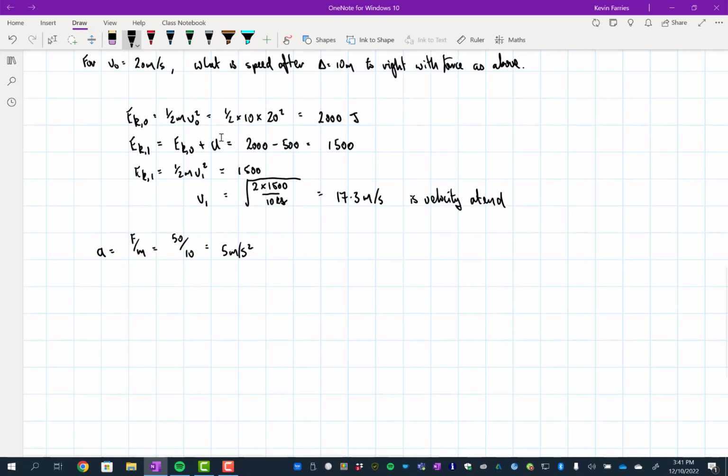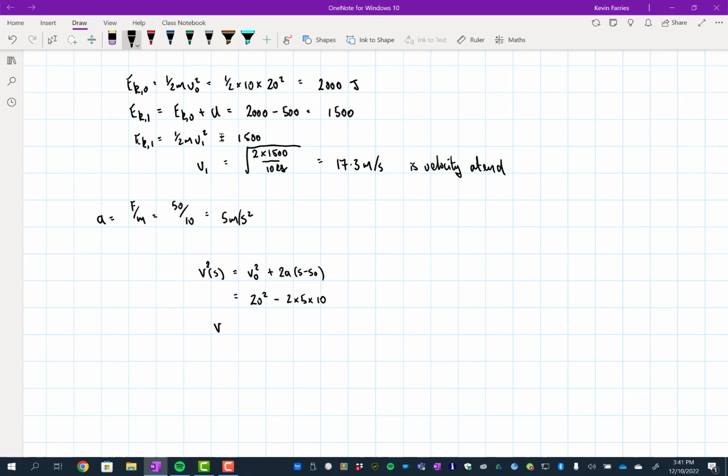Then we could use the formula: v at displacement s squared is equal to initial velocity squared plus 2a(s minus s naught). Just take s naught as 0. So this would be 20 squared minus 2 times 5 times the displacement, which was 10 meters.